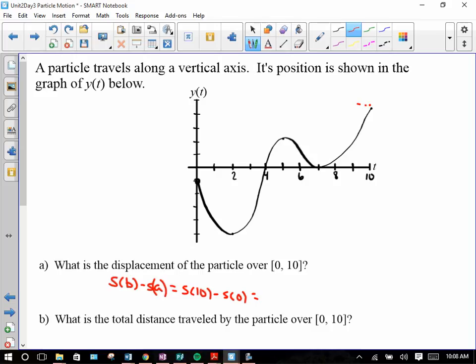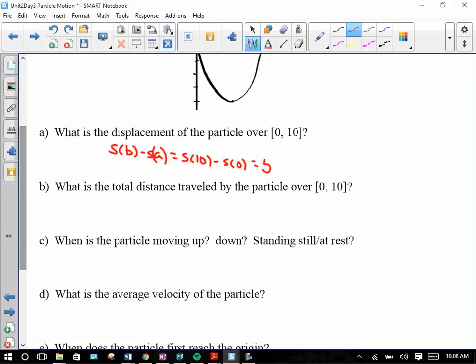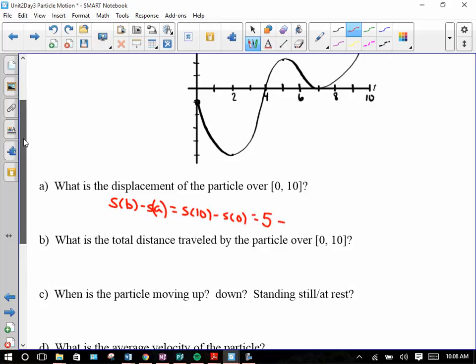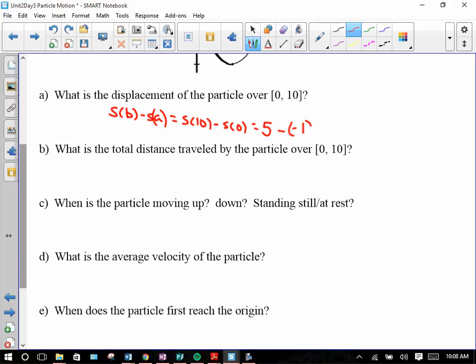We can go 1, 2, 3, 4, 5. So S of B is 5 minus S of A, which was -1, equals 6. So that's our displacement. Make sense? Alright.